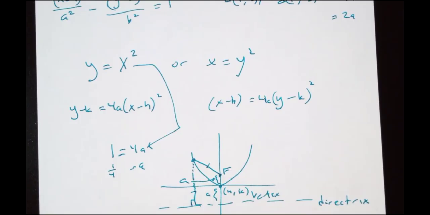Those two lines, yeah, this is where I'm a crappy artist, those two lines should have the same length. And that tells me how wide or how narrow my parabola is. Literally, by changing the distance between these two, we're changing the focus of our opening.